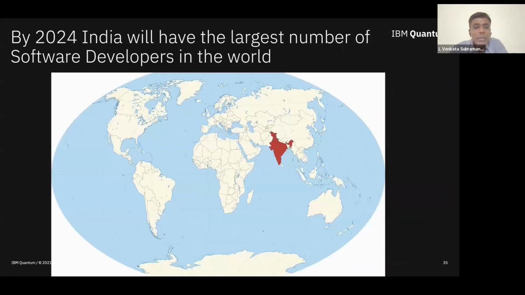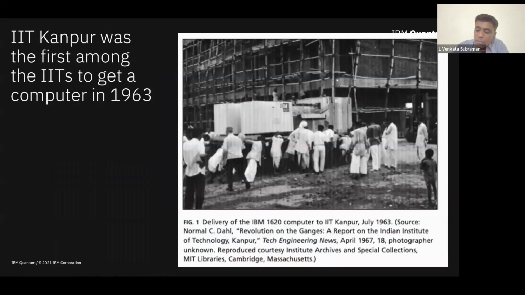But how did we reach there, right? It's also important to look at the journey we took. The first classical computers were built in TIFR in the 50s, and then the first classical computer arrived at IIT Kanpur in the year 1963.